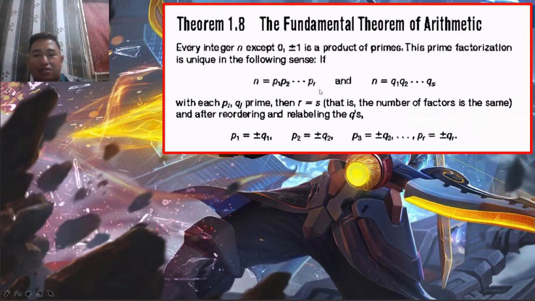and then Q1 to QS. Okay, so since duha na class, with each Pi and Qj prime, then ang R na to class kay equal lang ni S. That is, the number of factors is the same. And after reordering and relabeling the Q's, then P1 is equal to positive negative Q1, P2 is equal to positive negative Q2, and then PR is equal to positive negative QR.